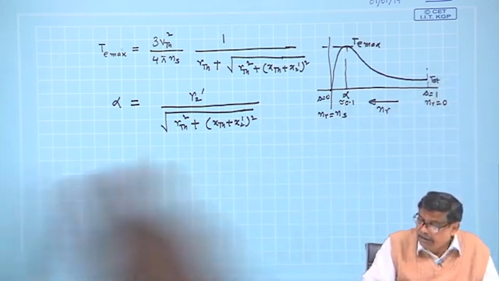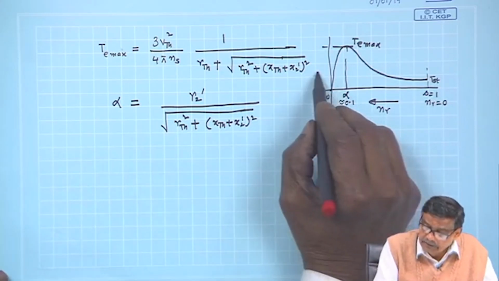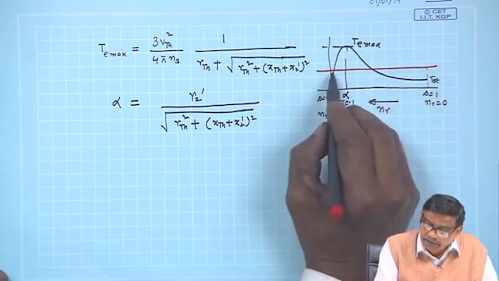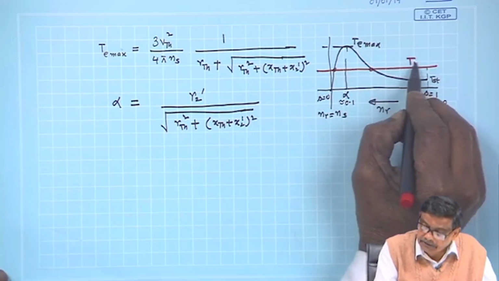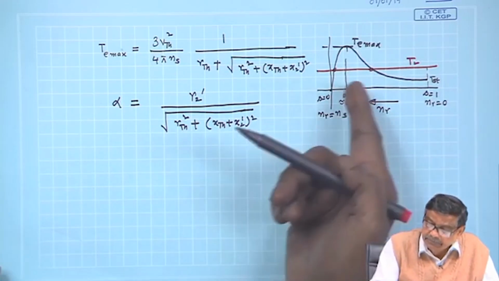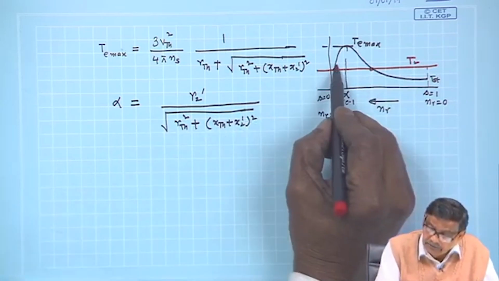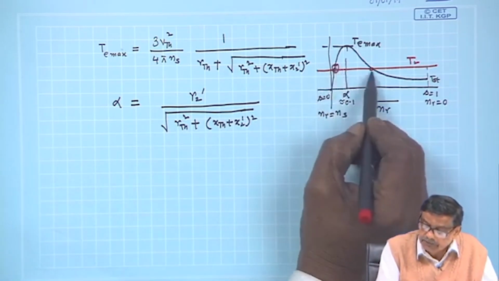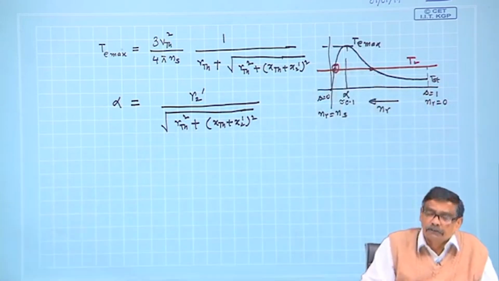And then I told that if the torque slip characteristics is known, the machine will operate at the point of intersection. Suppose this is the load torque, at the point of intersection the motor will operate. It gives two speeds, out of which one is stable, that is this one, the most important one. The machine cannot settle down at this point, although T equal to T L, because it is critically stable.